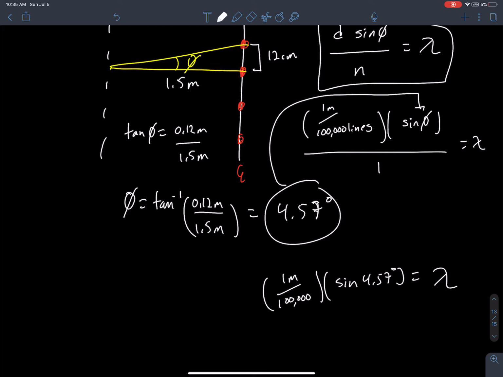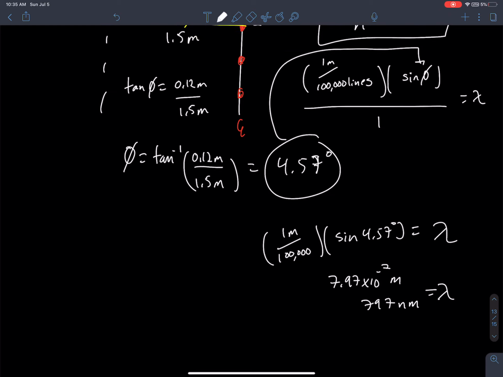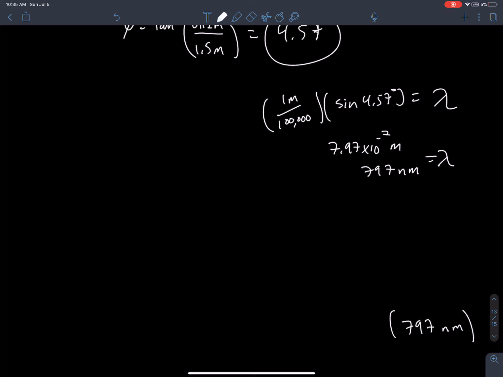That gives me a wavelength of the laser of 7.97 times 10 to the minus 7 meters, or 797 nanometers. Oh, and I had that answer, so that's correct.